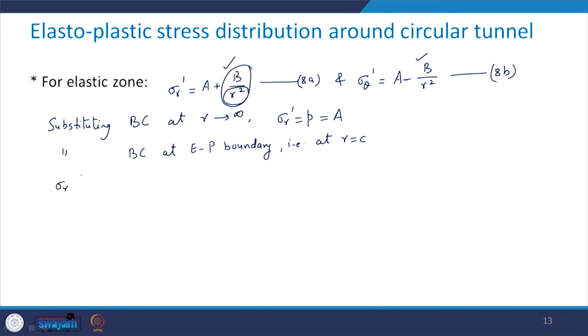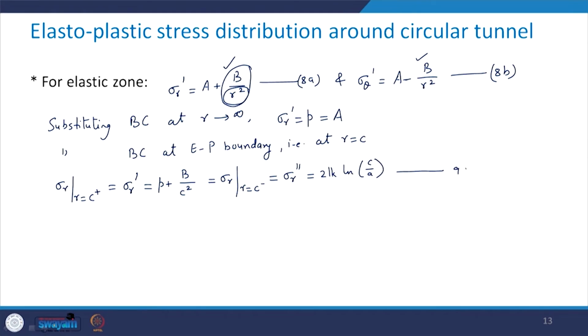Sigma r at r equal to C plus, this was equal to sigma r prime, because when it is C plus, we are in the elastic domain, and this is going to be equal to C A is equal to P. So, I will have P plus B upon C square, and this is going to be equal to sigma r at r equal to C minus, which is equal to sigma r double prime, and this will be equal to 2 kappa ln C upon A. We just obtained this. So, make this equation as 9A.